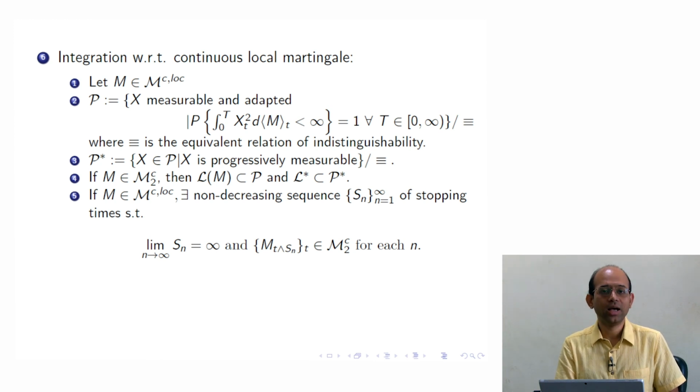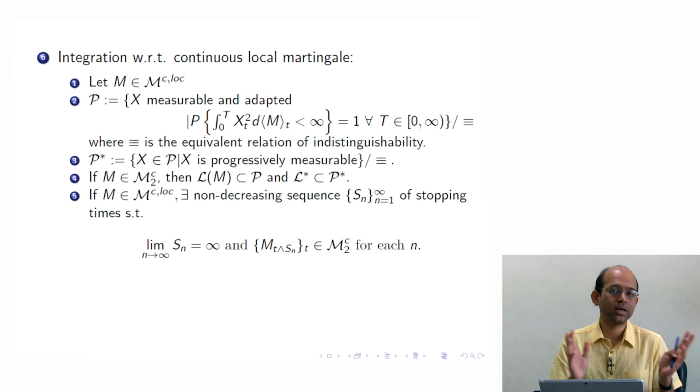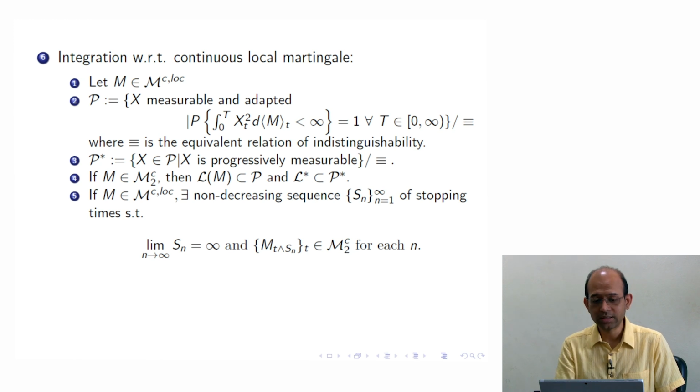But this is telling something more. This result says that I can choose the sequence of increasing stopping times such that the stopped process becomes a square integrable continuous martingale. For the definition of a local martingale, you just need that the stopped process becomes a martingale, correct. Here we are asserting that we can further choose a sequence of stopping times such that this becomes a square integrable continuous martingale.